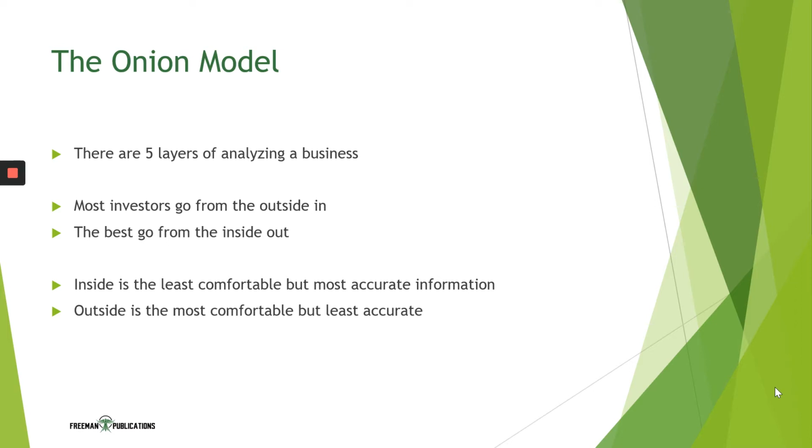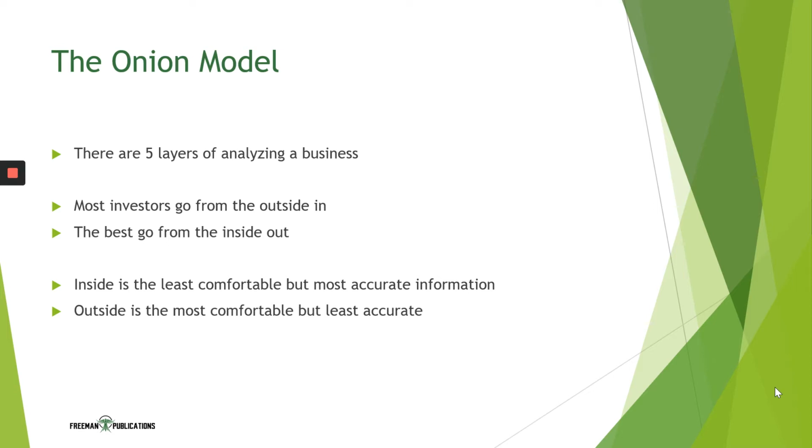And most investors, when they look at investing in a business, at least retail investors, but this happens in institutions as well, they go from the outside in. In other words, they start at layer 5 and they work their way towards layer 1, but usually they've made their decision far before they get to layer 1.